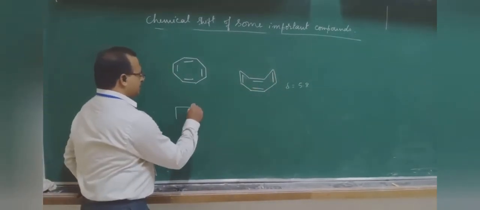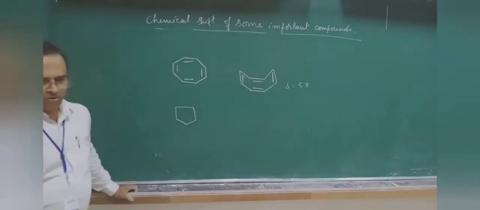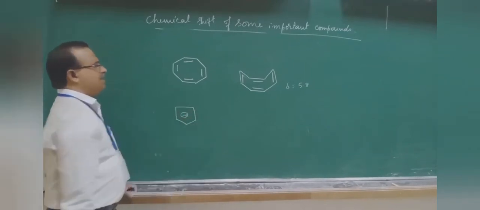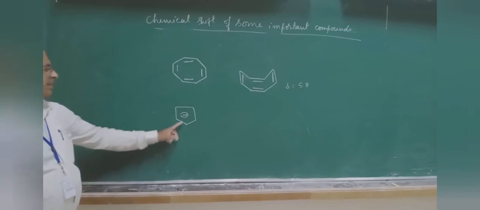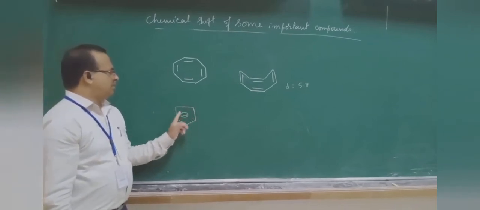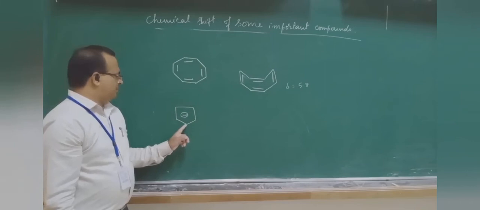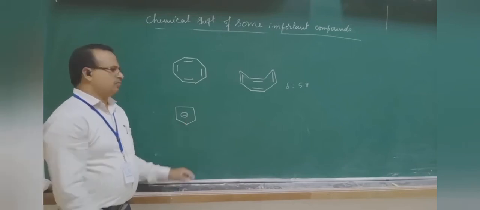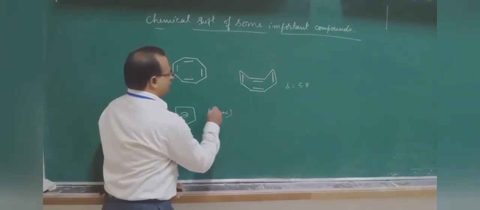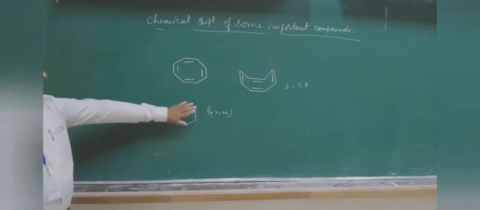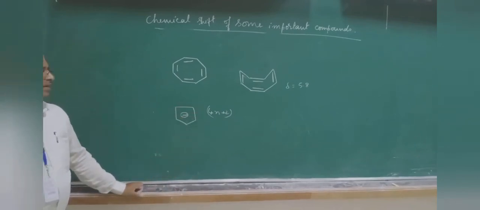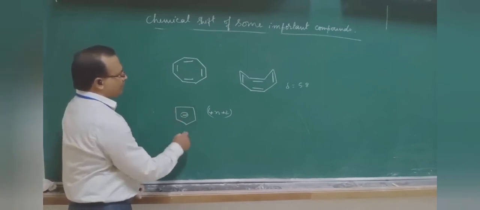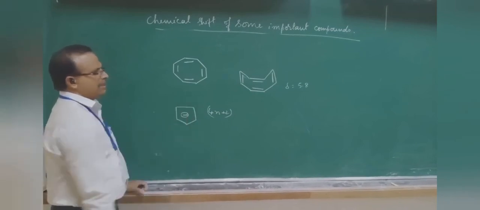We take another example, cyclopentadienyl anion, and it is aromatic in nature because it holds good for the 4n plus 2 pi electrons rule. It consists of 6 electrons, so it is aromatic in nature, but in the presence of a negative charge, there is more electron density, so the protons are shielded.